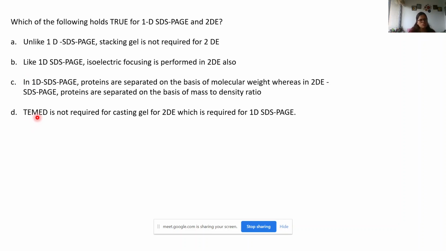TEMED is used as a catalyzing agent during the polymerization reaction of PAGE. So TEMED is not required for casting gel for 2D, which is required for 1D. So if you are making gel for 2D, and you are using SDS-PAGE in the second dimension, will you require TEMED or not? What do you think?